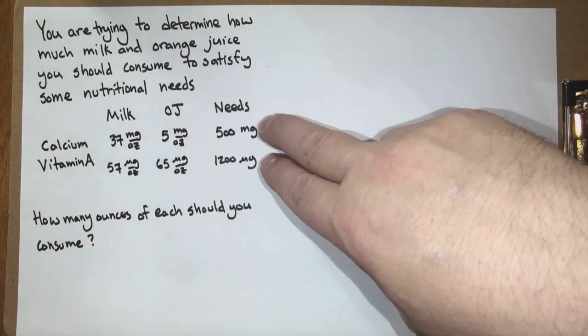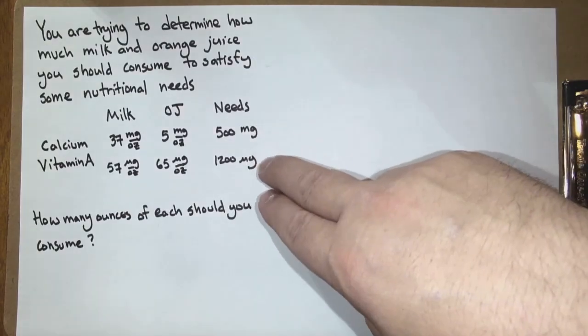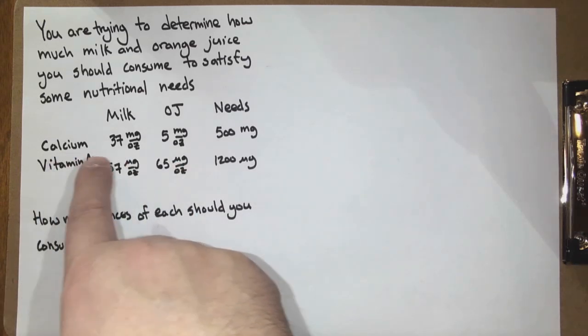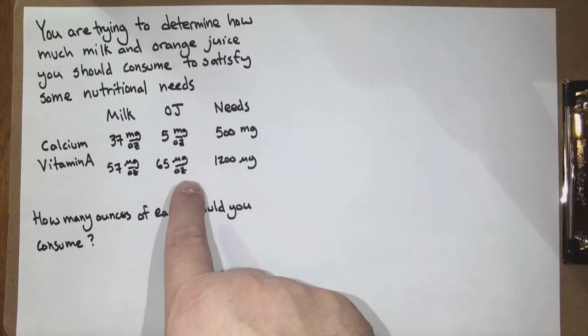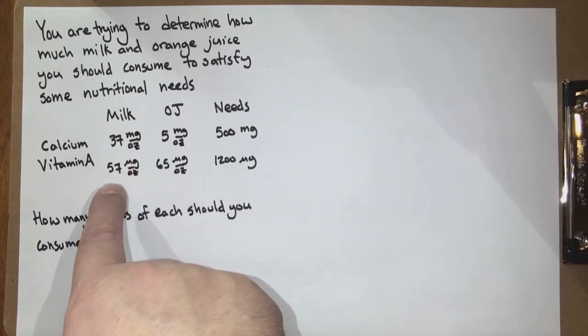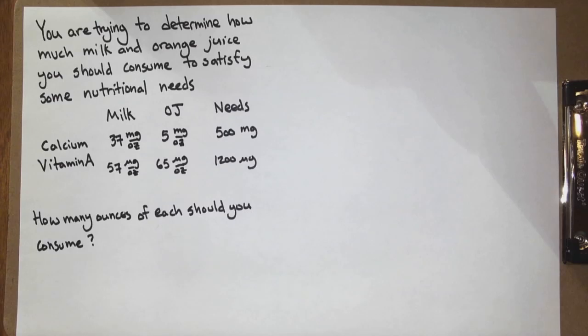You need 500 milligrams of calcium, 1,200 micrograms of vitamin A. And because milk and orange juice are not the same thing, they have different amounts of calcium and vitamin A inside of them. So orange juice, not great for calcium, but great for vitamin A, relatively speaking. Milk is pretty good for calcium and not too bad for vitamin A.